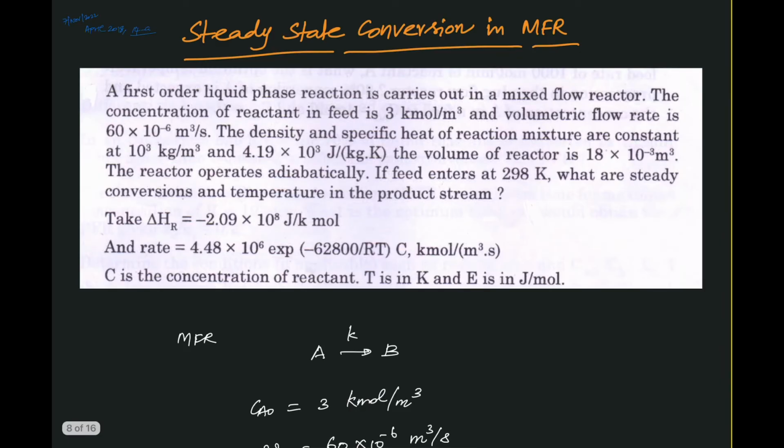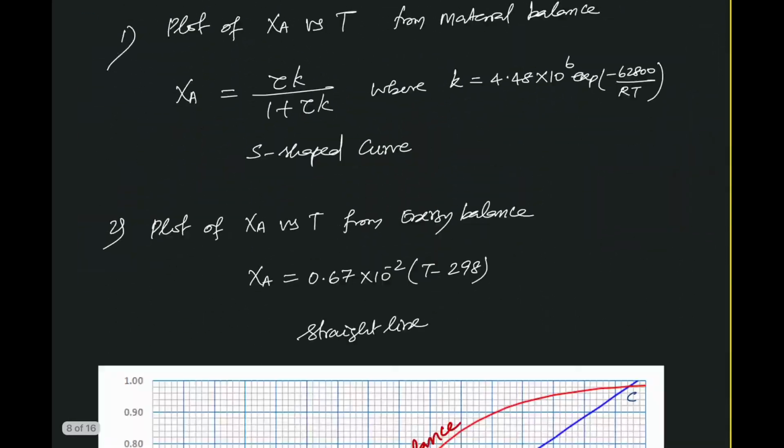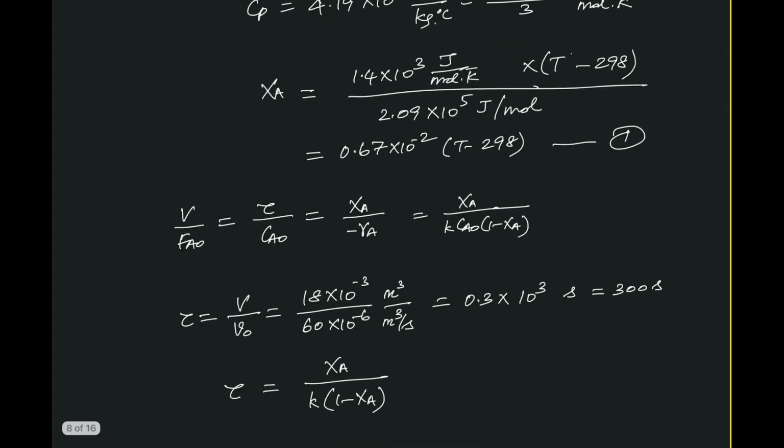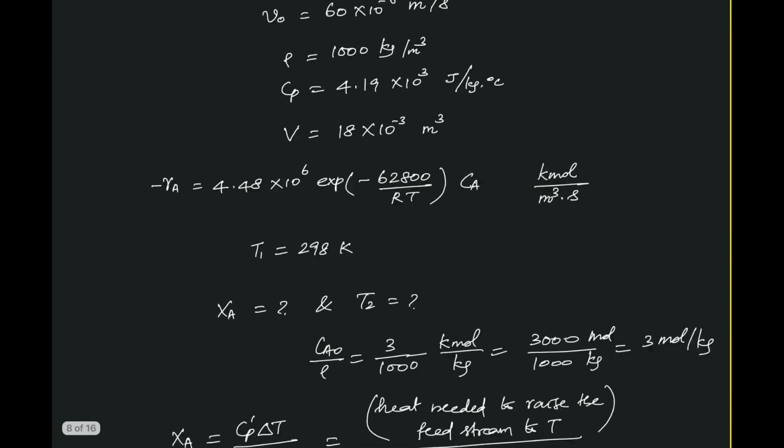We are guessing the temperature to be in that range. Of course, we are going to find the temperature. Starting from the given temperature, somewhere 298 Kelvin, we are working around the temperature around this 298 Kelvin. Otherwise 300 to 400 we can take.